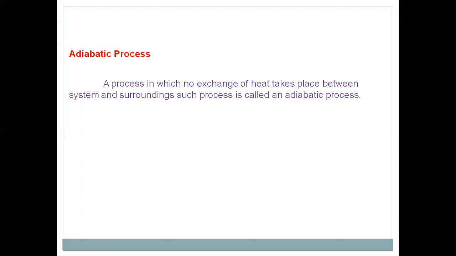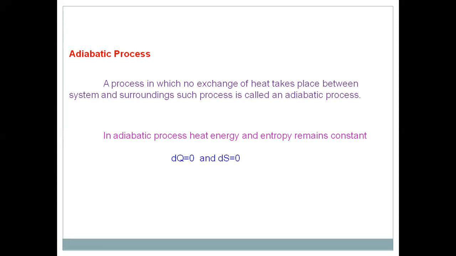So a process in which no exchange of heat takes place between system and surroundings is called an adiabatic process. Of course, in an adiabatic process, not only heat energy but also entropy, a thermal quantity, remains constant. So we may take dQ = 0 and dS = 0.